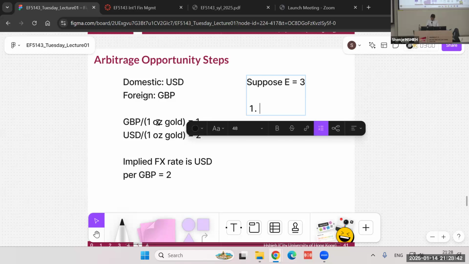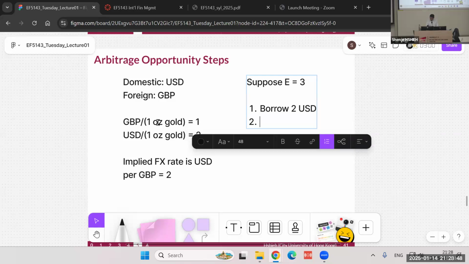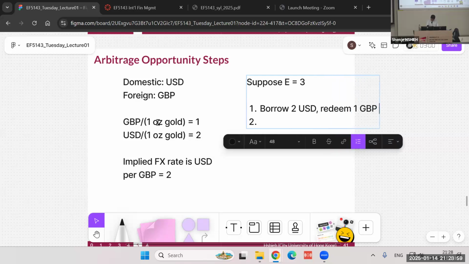Well, let's borrow 2 USD, and then redeem 1 pound at the price of 2, right? At the implied price.